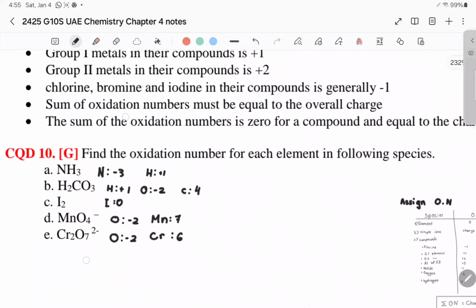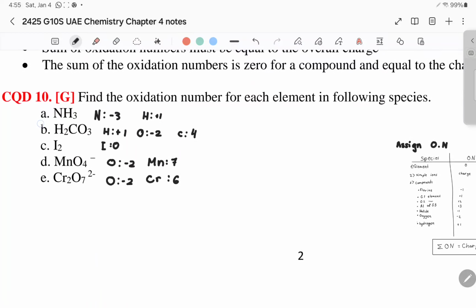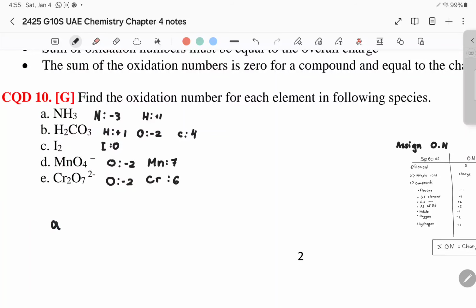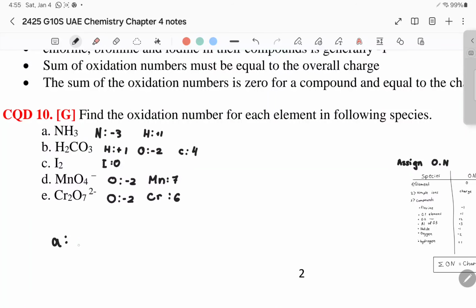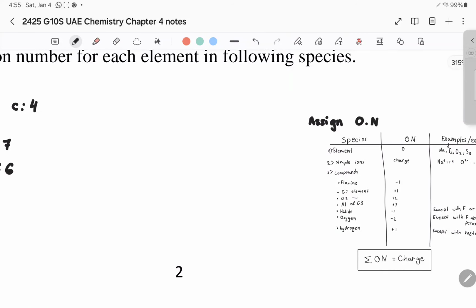Now let's start solving and finding oxidation numbers for these species. I'm going to have the answers here, but I'm going to explain how you get each one. Let me make the pen bigger again. Sorry. So for A, NH3. In our table, we said hydrogen is +1.